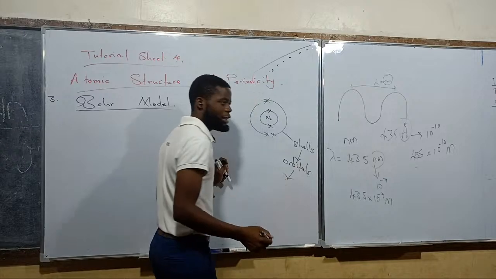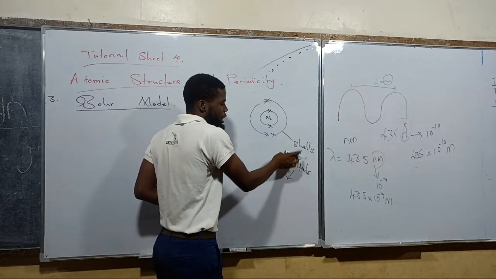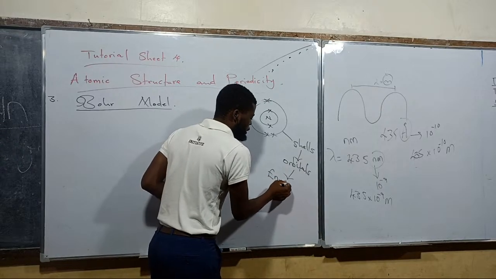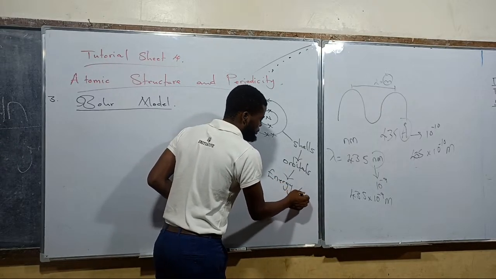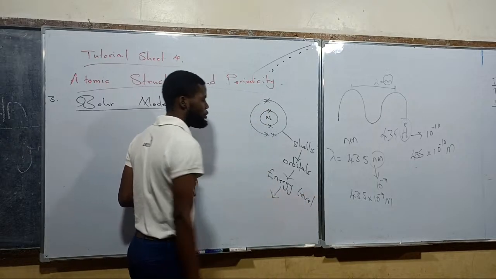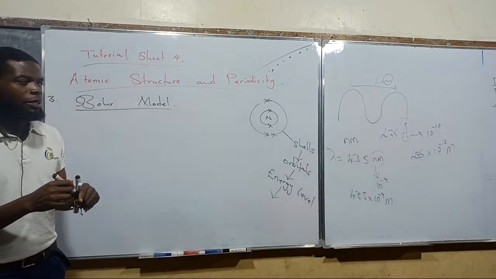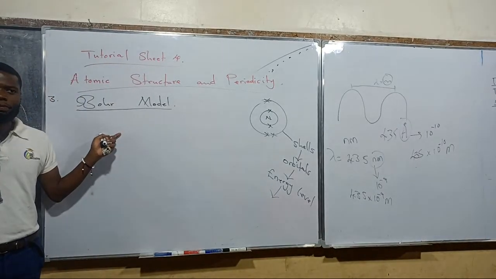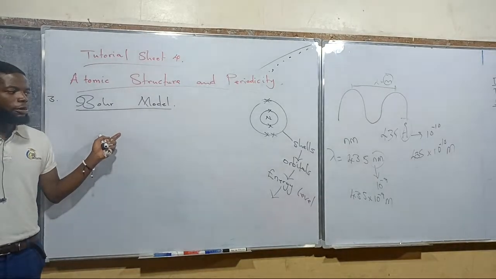The other interchangeable term used to represent a shell or an orbital is energy levels, or principal quantum levels.